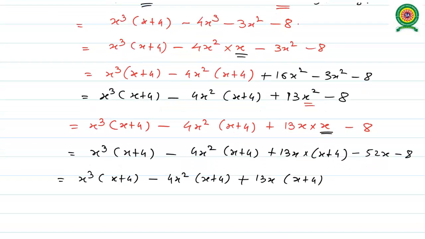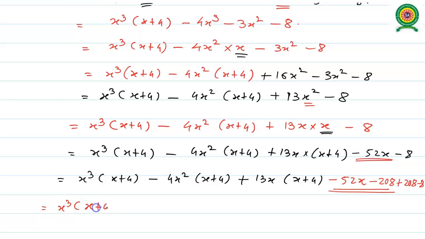Now to adjust minus 52x in terms of x plus 4, we make here minus 52x. Now 52 fours we have 208, so we make minus 208 plus 208 minus 8 as it is. Now be focused. From those two terms, once we take minus 52 common, it will remain with the x plus 4 in the same way.